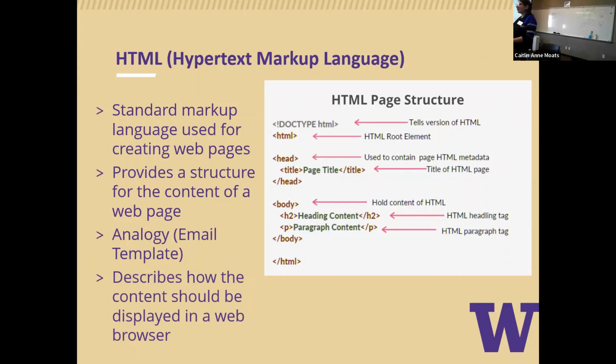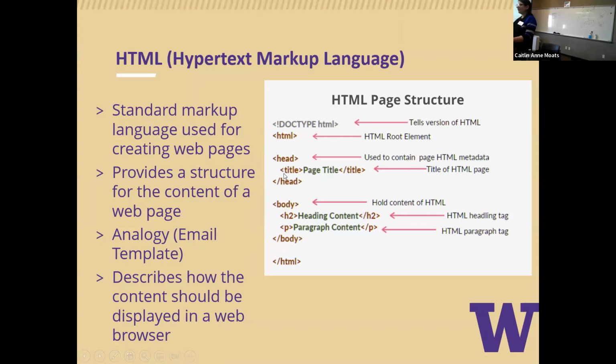With this image, we can see that this is a basic HTML page structure. This doctype HTML tells us that this type of document is an HTML document. And then we have certain types of tags that we'll talk about later in detail. Starting with this, an HTML document always starts with an HTML tag, that is the root element of the page.